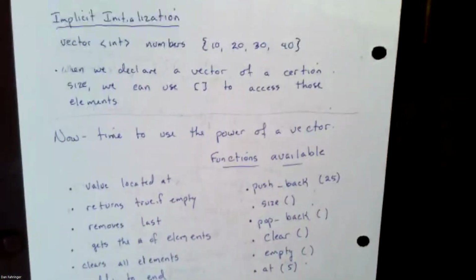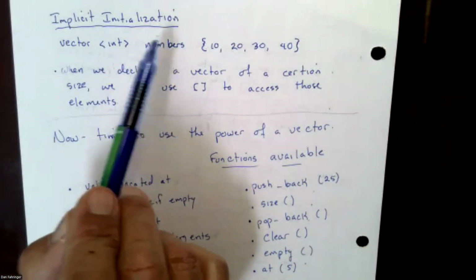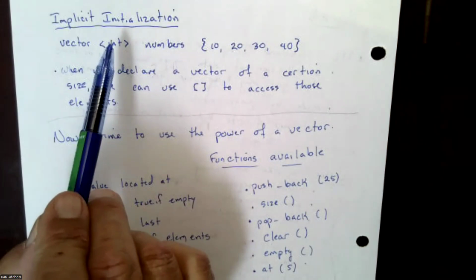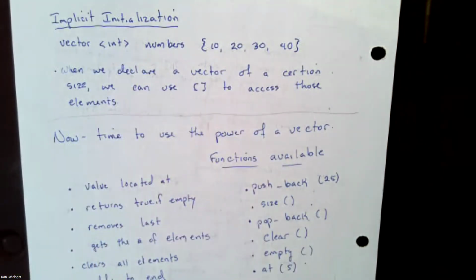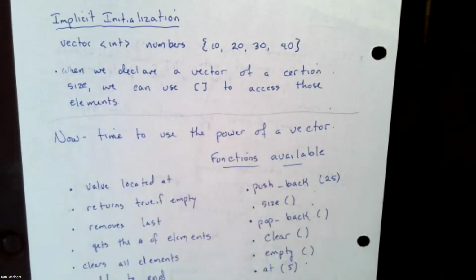Staying with vectors, I can do some implicit initialization. I want to declare a vector. It's called numbers. It's going to store integers, and I want to fill the first 4. As I mentioned before, if we declare a size, we can use square brackets.